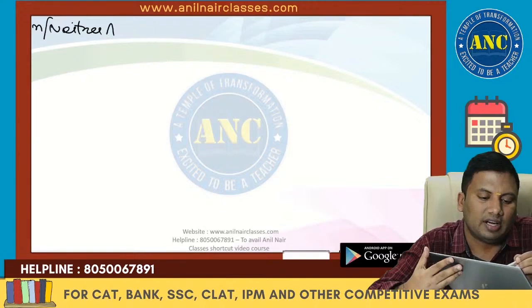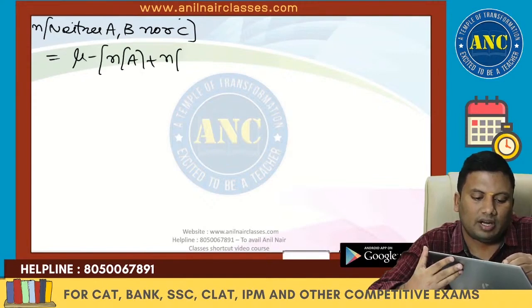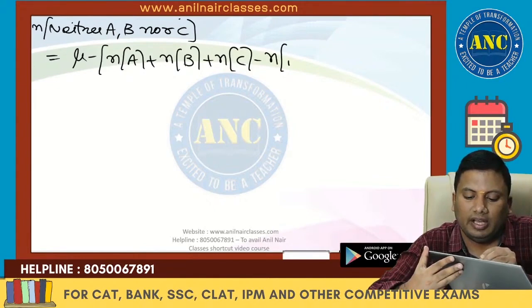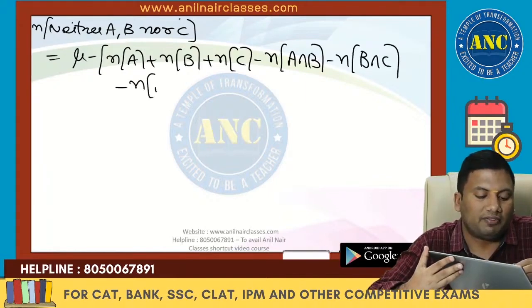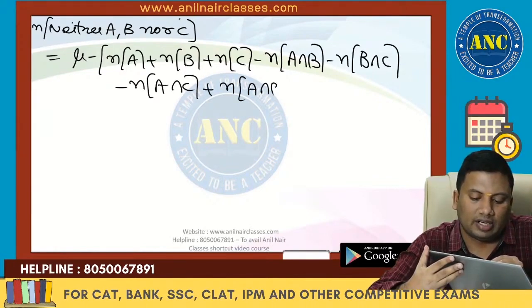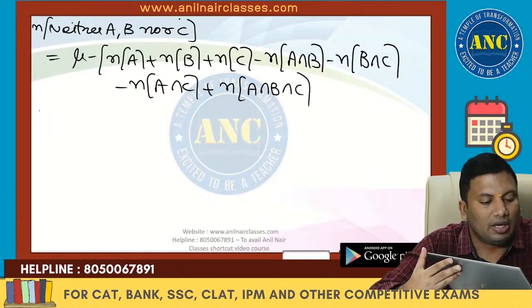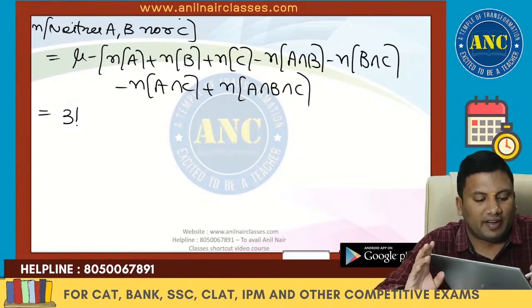Listen carefully, sir. Once you understand it, it's very, very easy. It is nothing but mu minus n of A plus n of B plus n of C minus n of A intersection B minus n of B intersection C minus n of A intersection C plus n of A intersection B intersection C. 3 people can arrange among themselves in 3 positions in 3 factorial.